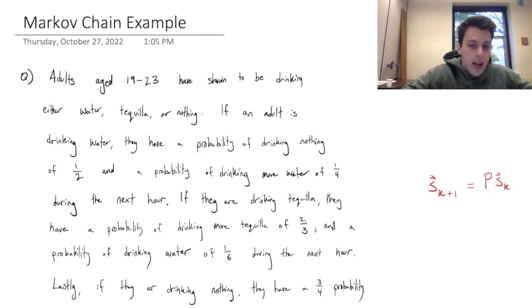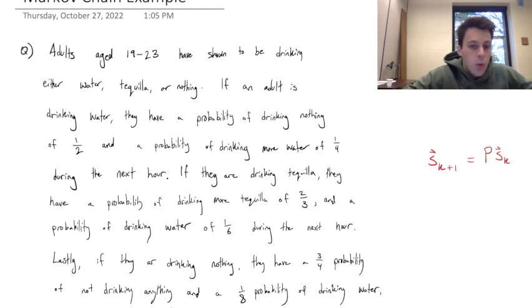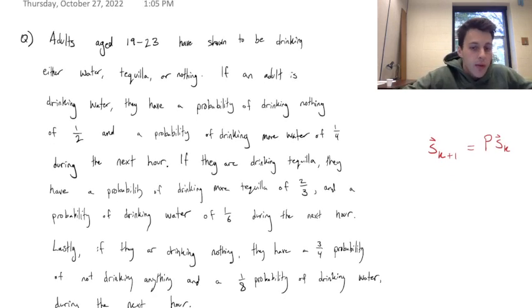Let's take a look at the actual example now. We are given this big paragraph of information, and it says adults aged 19 through 23 have been shown to be drinking either water, tequila, or nothing. These are the only things that they can drink for the purposes of this example.